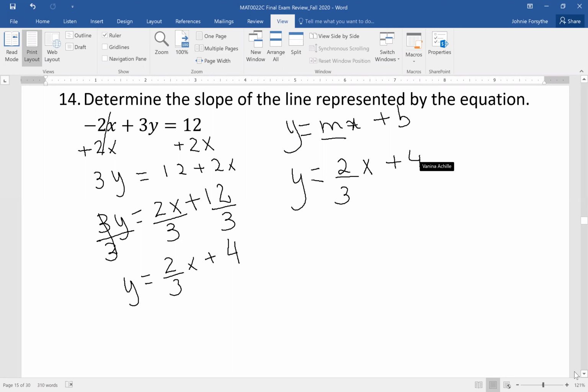So I have y equal, then I have a number with an x next to it, and then I have an independent number. So this is my slope right here. Once I have this in this form, my slope is just going to be that number behind the x.